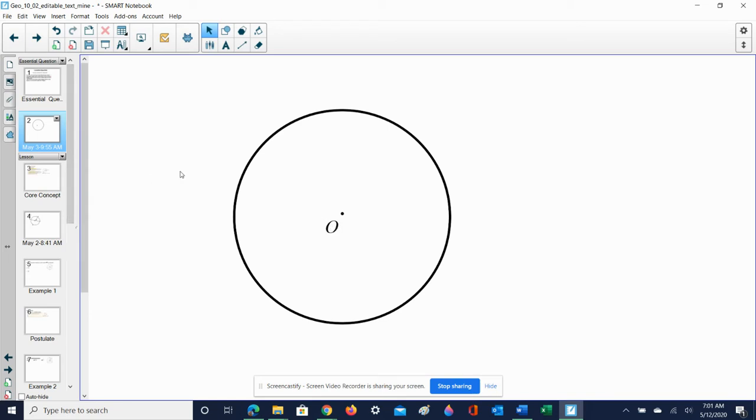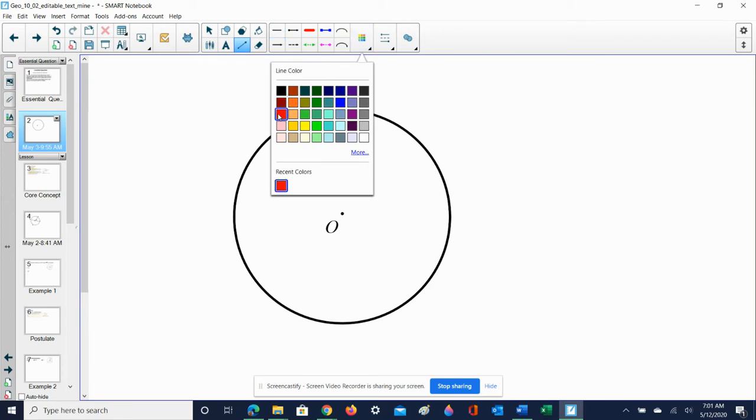So if I wanted to see what a central angle was, a central angle is made by two radii whose vertex is the center.